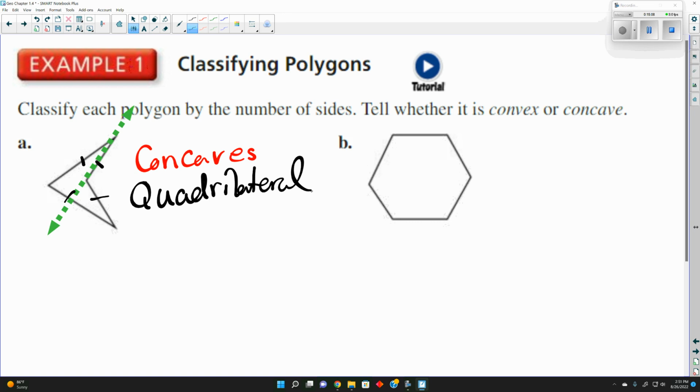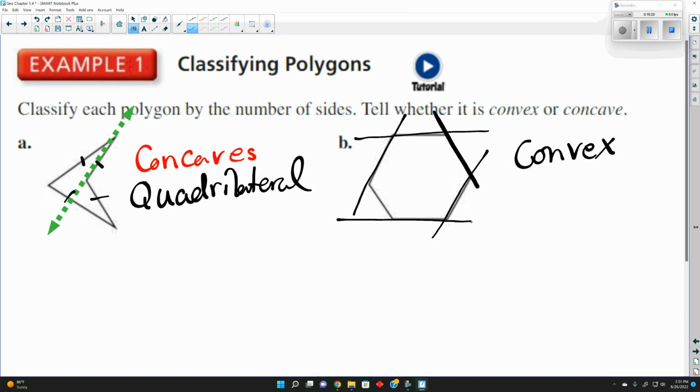Now for B, if we extend any of these sides out, no, it's concave. I mean, convex. So this is convex because it doesn't cave in.